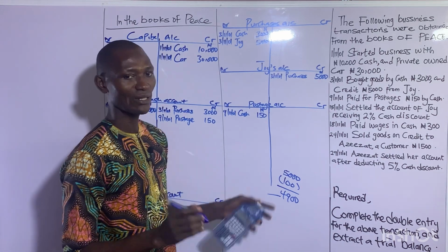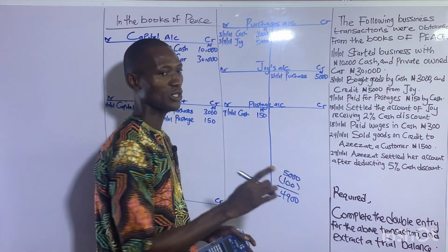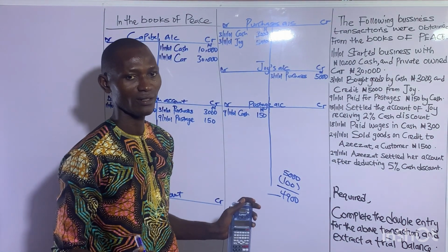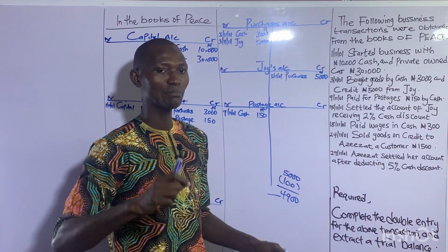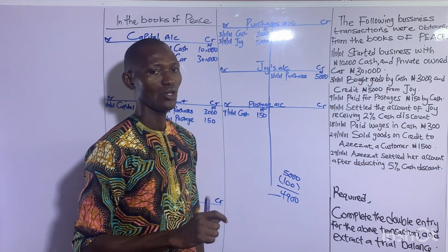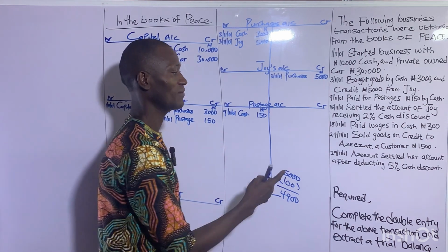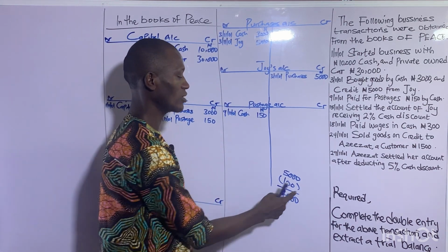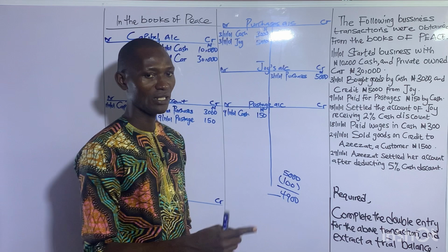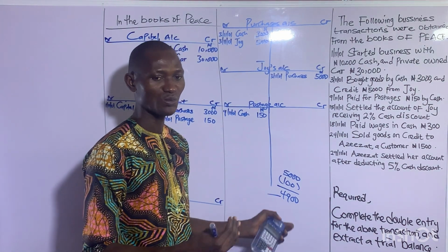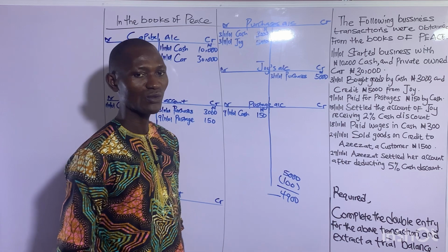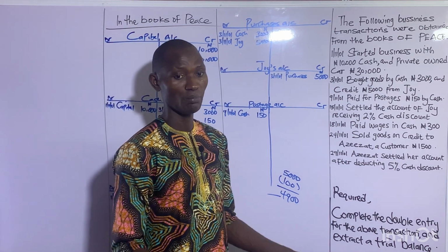If Peace had not been given 2% discount, Peace would have paid 5,000 naira altogether, or like the whole money. But because Peace received discount of 2% from Joy, which is 100 naira, then the amount that Peace paid now is 4,900 instead of 5,000. So discounts will reduce the amount that a buyer had to pay.